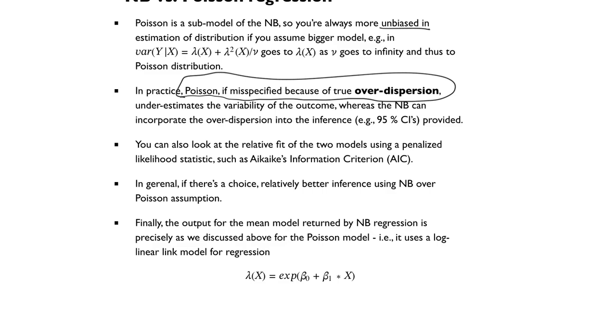In general, when in doubt, always fit negative binomial, because it's going to be at least conservative relative to Poisson. But you don't give up much because it's estimating just a single other parameter, so it doesn't cut your power that much, and it guarantees your confidence intervals won't be smaller than the Poisson, which can be too small.